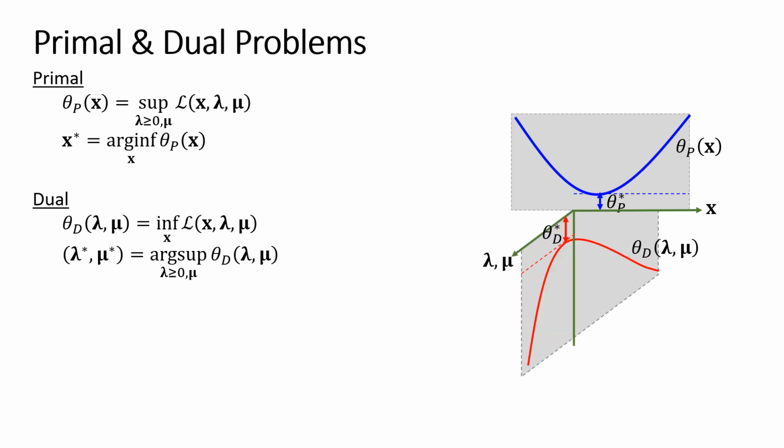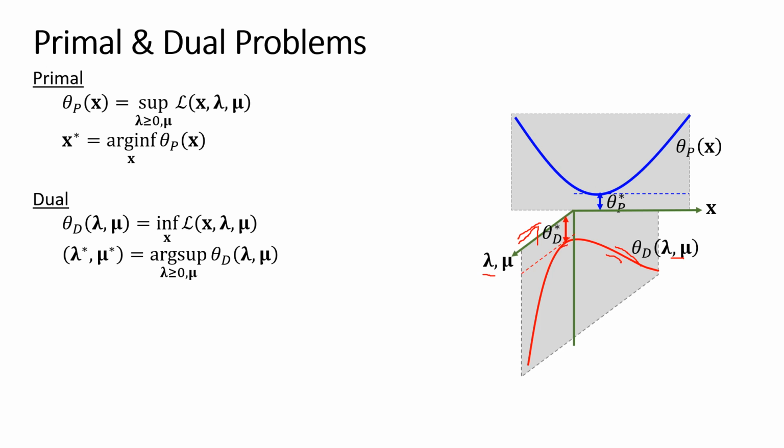In this schematic, the dual function theta d is shown by this red curve. It's always concave, as we have seen. And just for simplicity, I've used this axis to represent both lambda and mu. And this is theta d star, where theta d of lambda, mu, the dual function, acquires its maximum value.